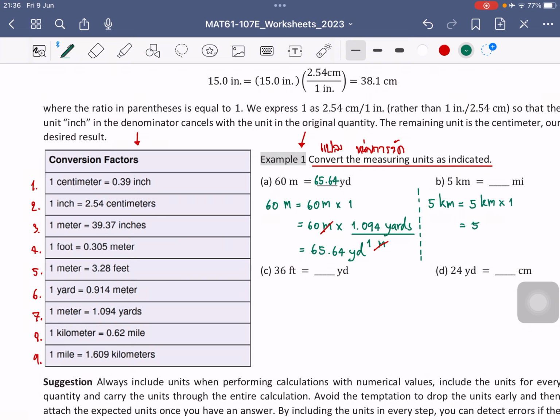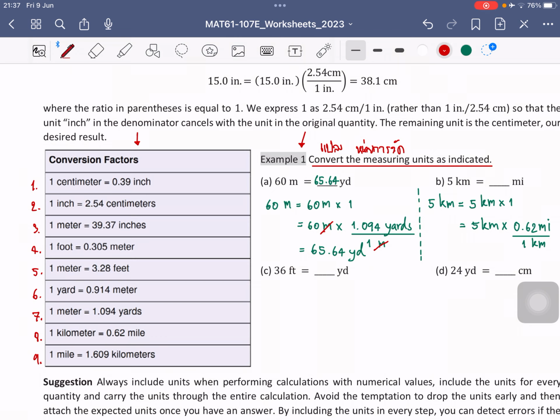Because we want to change kilometer to mile, we have to use the fact that 0.62 mile equals 1 kilometer.